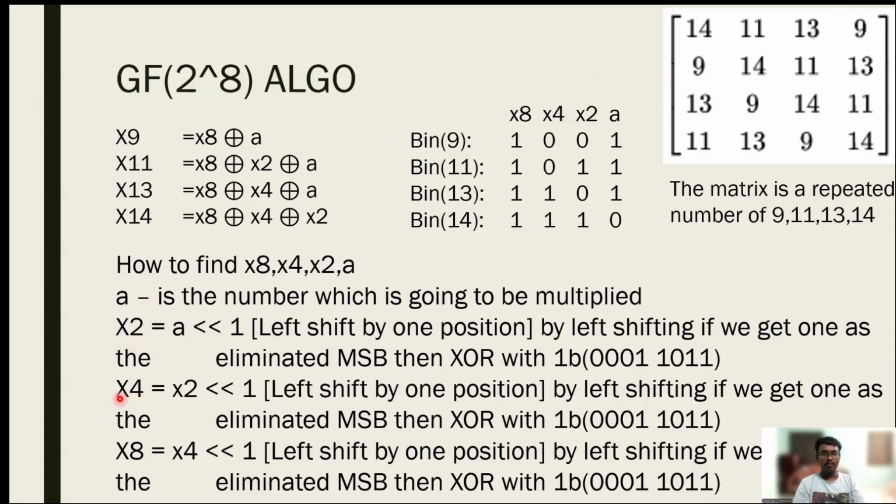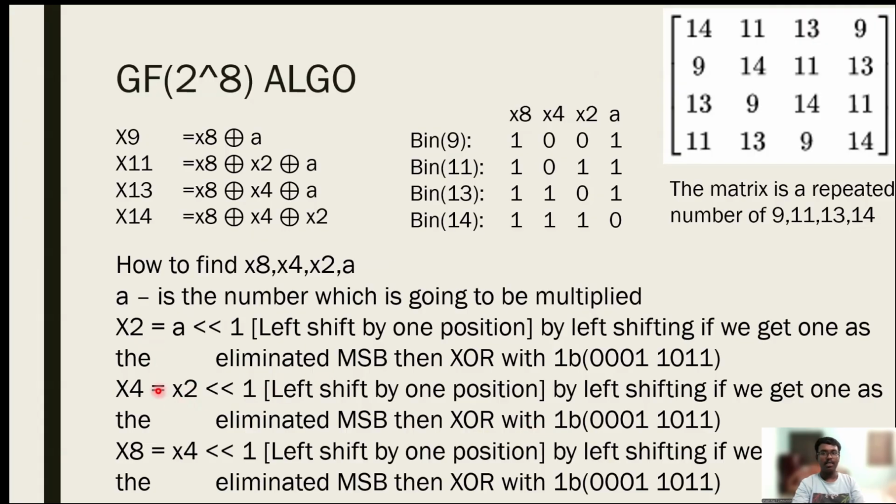By doing the left shift, we get the answer for x2. Likewise, we get x4. For x4, we do the same operation, but the input is x2, the previous result. We left shift by one, and XOR with 1B if the MSB is one; otherwise, just the left shift.